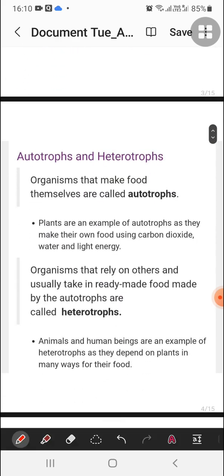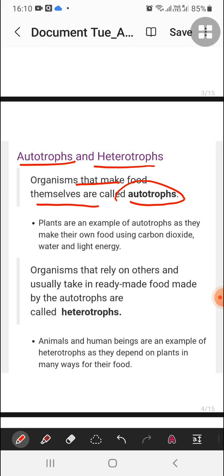Next, autotrophs and heterotrophs. What are autotrophs? Organisms that make food themselves are called autotrophs. Plants are an example of autotrophs as they make their own food using carbon dioxide, water and light. Next is heterotrophs. What are heterotrophs?